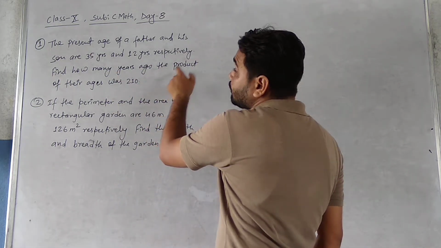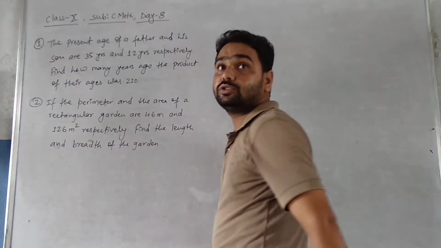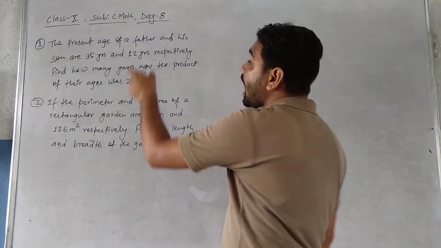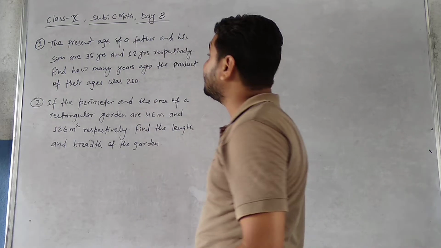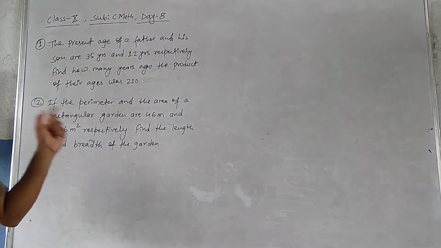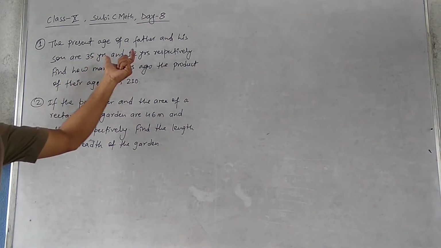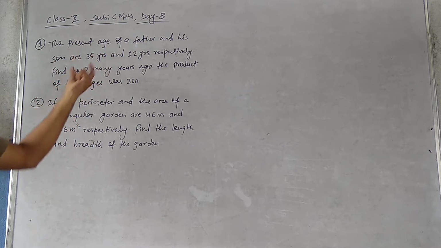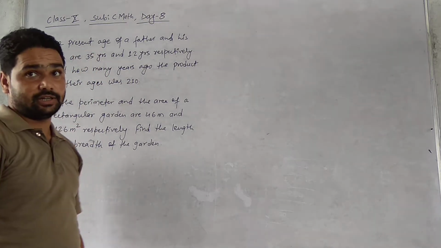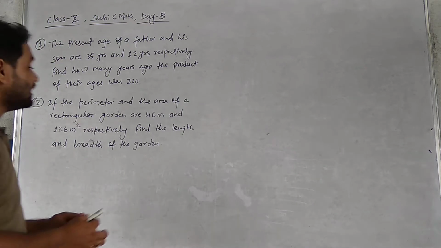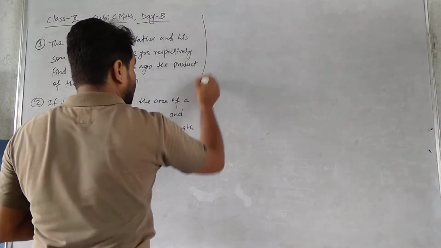Before that, the product of their ages was 200. So how many years ago? Let that be x years ago, before the present age.